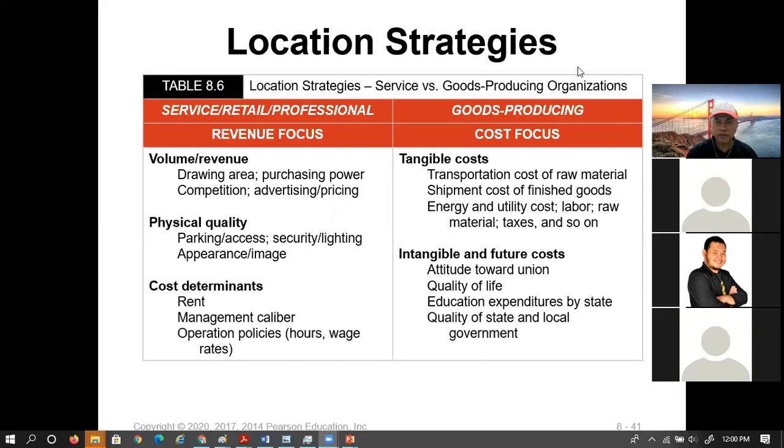For example, safety. Then what is really affecting the cost in producing goods or in manufacturing? Why should a company pay attention to the quality of life of the workers, of the labor? Does it affect the cost?